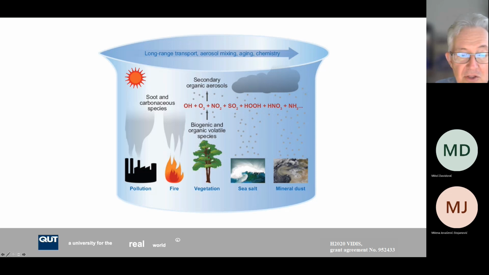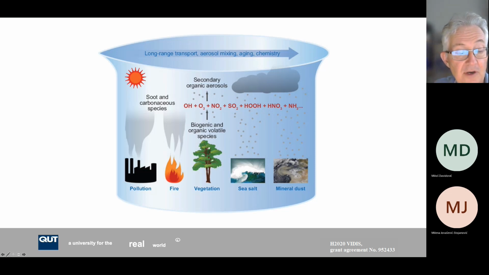Fires produce them, either man-made fires or natural biomass burning, but a significant source of particles are also so-called secondary particles, which are formed in the atmosphere by photooxidation processes, and that's the whole chemistry part of the atmosphere, and they come mainly from biogenic or anthropogenic volatile organic precursors.